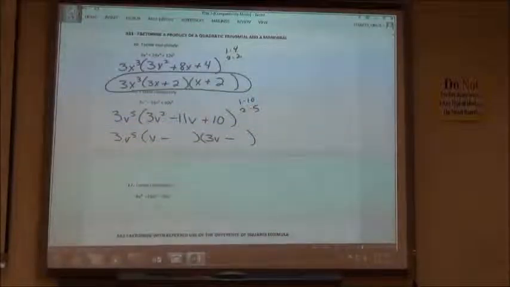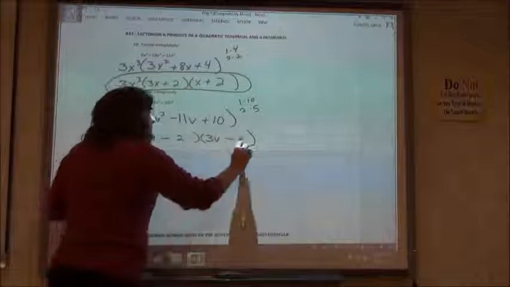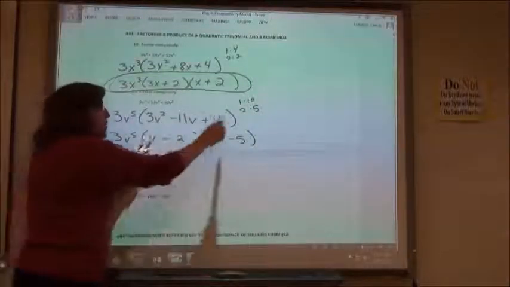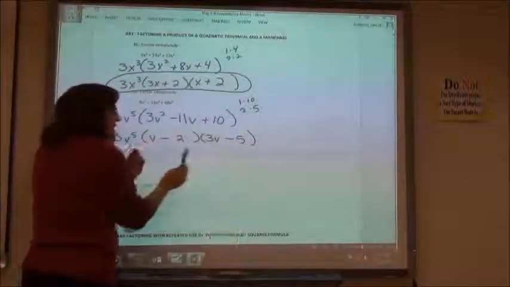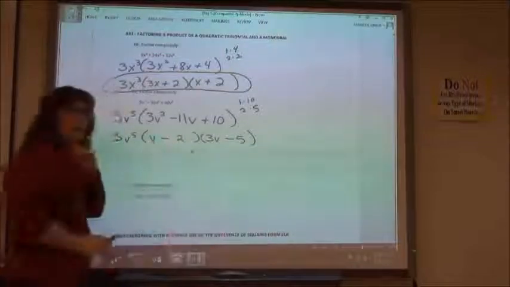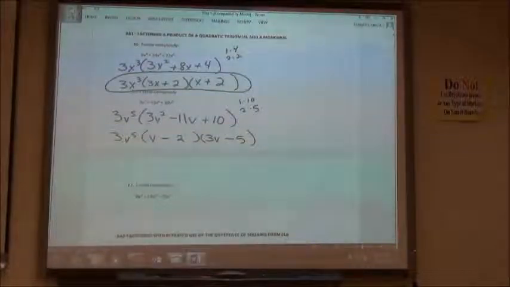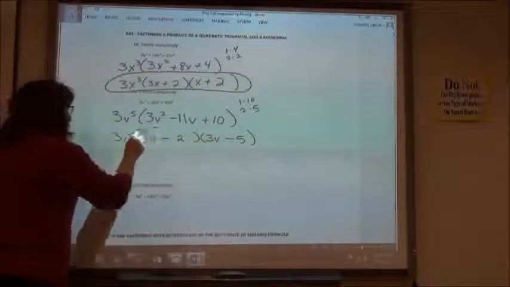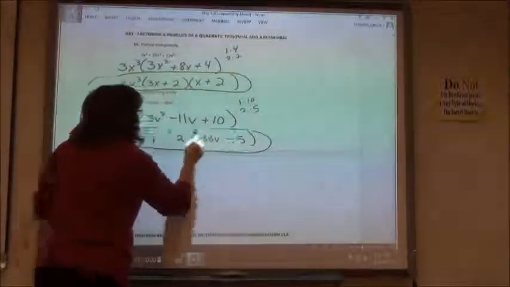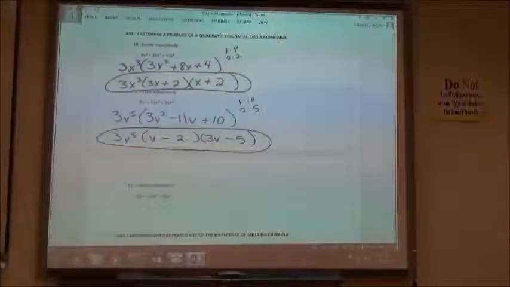So when you plug them in, if we do the 2 and the 5, our outside product is negative 5v, our inside product's going to be negative 6v, and a negative 5 plus a negative 6, sure enough, adds up to negative 11. All right, go ahead and try number 12 there.